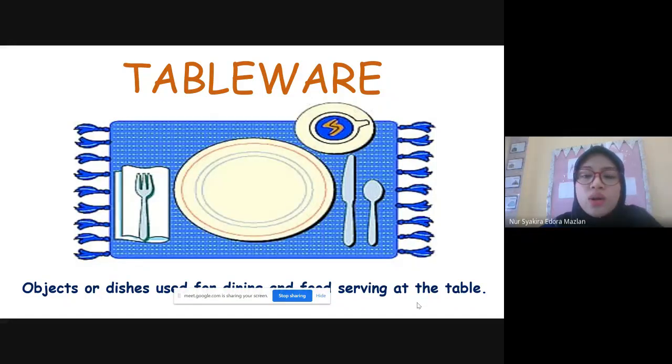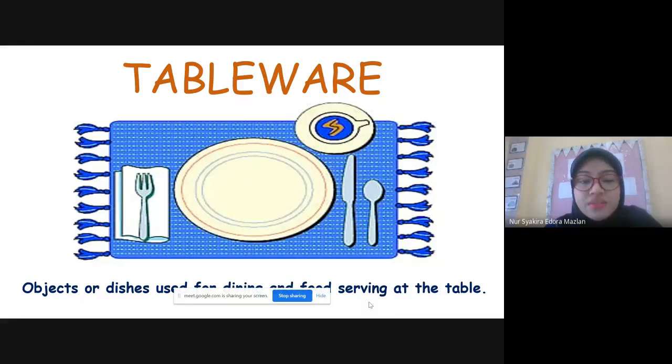All of the objects that Shabil mentioned just now are examples that we refer to as tableware. It is also used for table setting, and it might be different for certain cultures and certain races.